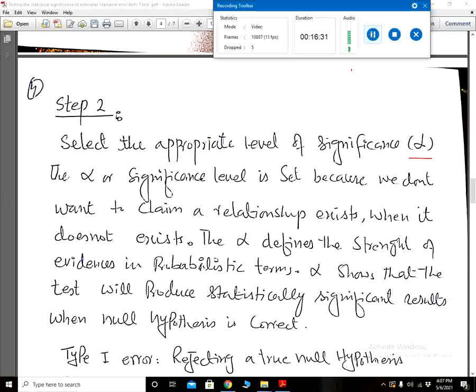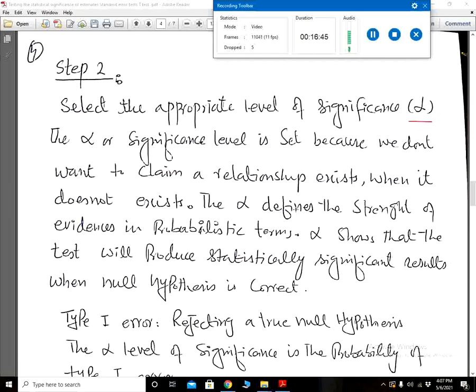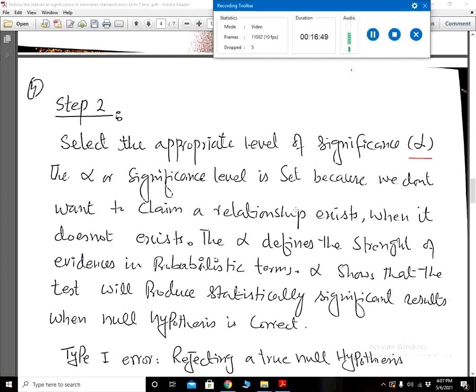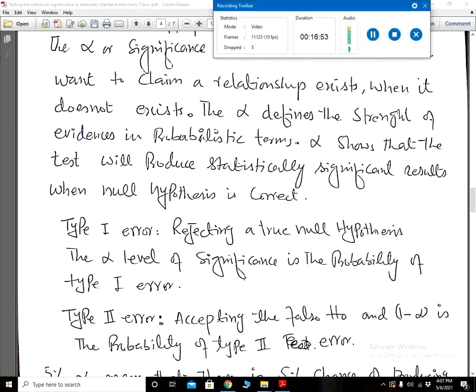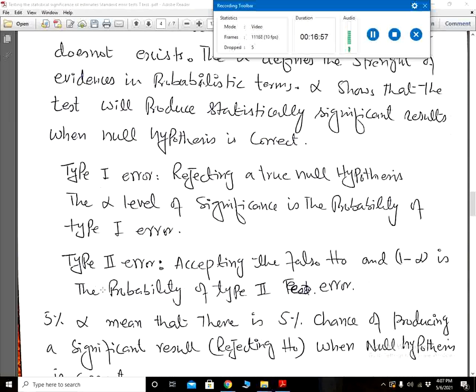There is a 5% chance that mistakenly we will reject a true hypothesis, the hypothesis which has to be accepted, and we reject it. So rejecting the true null hypothesis is called type 1 error and it is stated by alpha. Alpha is the level of significance, the probability of type 1 error.